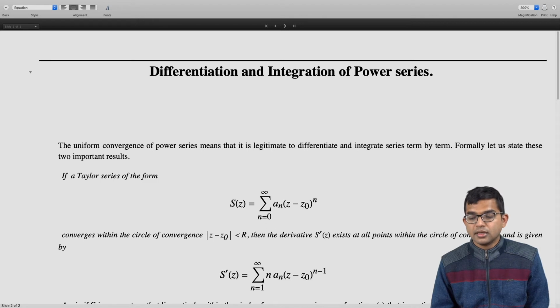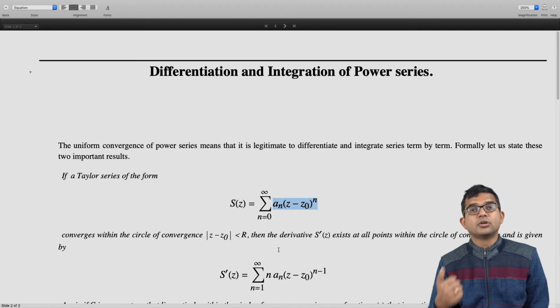And in fact, the derivative of this function has exactly the same circle of convergence as the function s of z itself, and the series corresponding to this derivative is in fact obtained by taking a term by term differentiation of this series expansion.